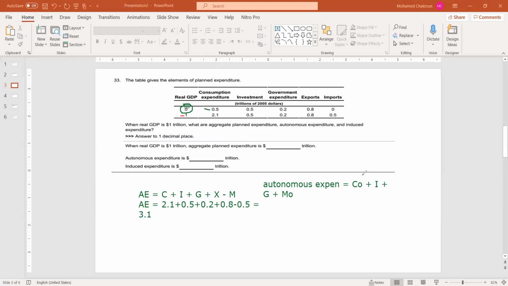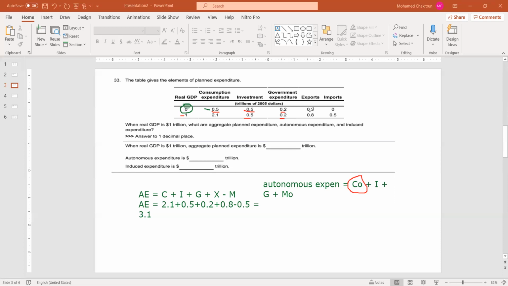This is C0. 0.5 is C0. When real GDP is equal to 0, investment is equal to 0.5, but here also it's equal to 0.5. That means investment is always autonomous. When real GDP is equal to 0, also government expenditure is equal to 0.2. It is also equal to 0.2 when it's equal to 1. That means government expenditure is autonomous expenditure.